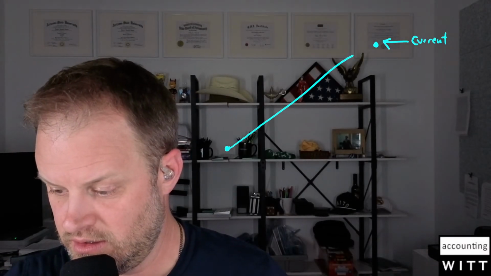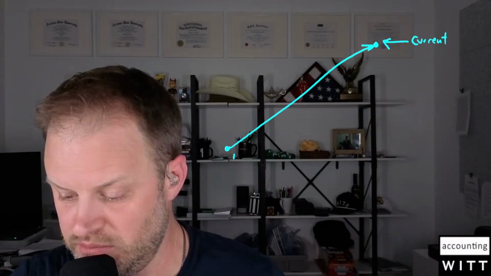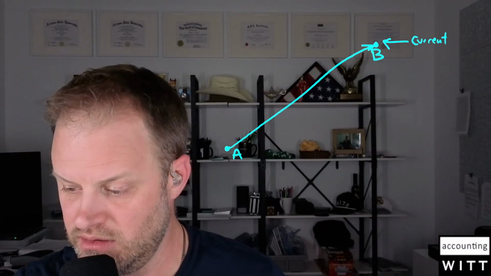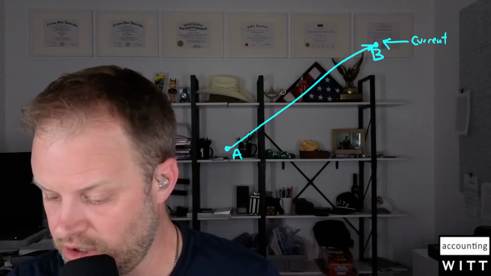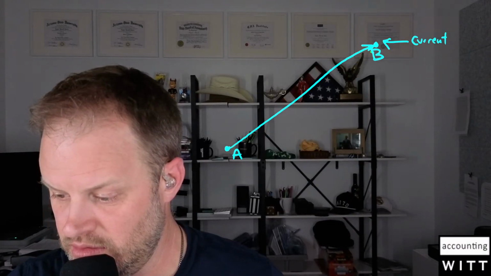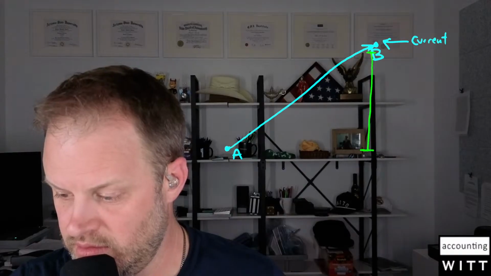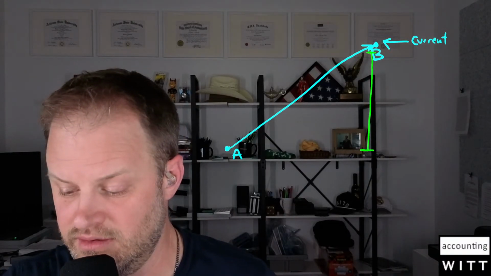Financial statements. What they're doing is they're saying, right now, here's your current position. Here's where you started. So between point A and point B, how much have the assets grown?